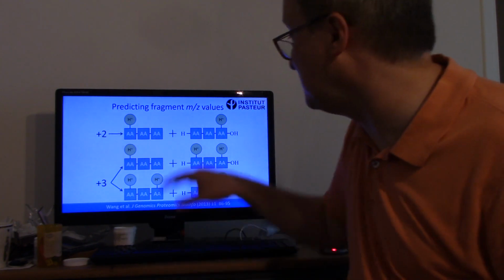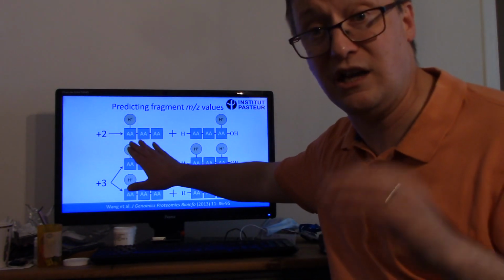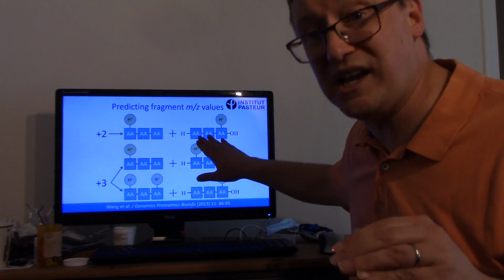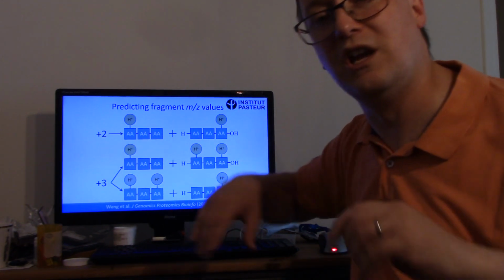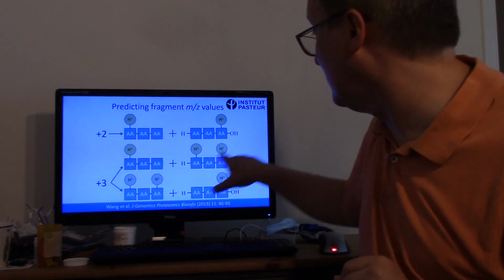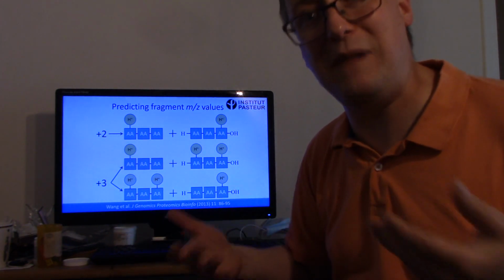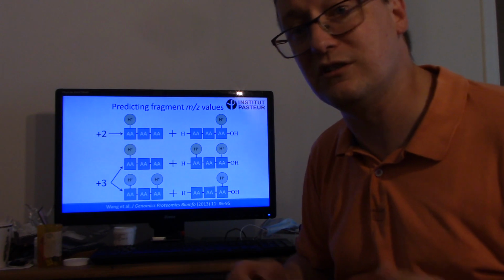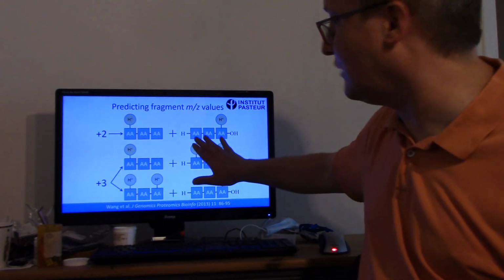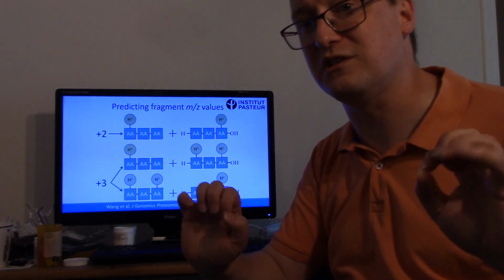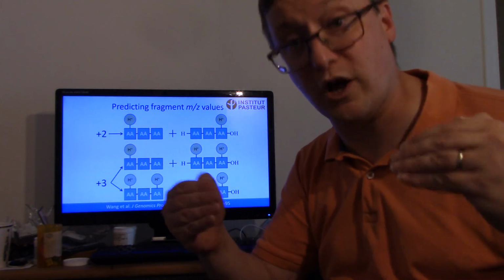This reflects that the difference between a B ion of a given sequence and the Y ion of exactly the same sequence will be 18 apart, because 2 hydrogens and an oxygen, water, have a mass of 18 mass units. So even if a B ion and Y ion have identical sequences, there will be a mass difference of water between them.